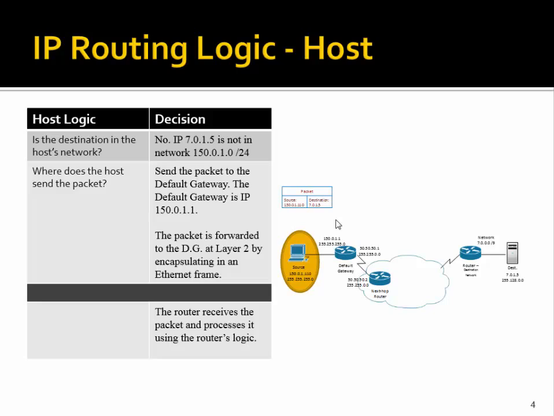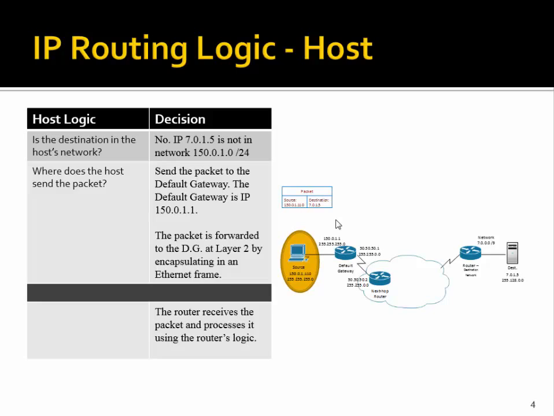so the host knows that the destination IP address is not within the range of IP addresses for the source's network. The only decision it has to make with that packet is to send the packet to the default gateway. It knows the default gateway's IP address because it is either statically configured or learned through DHCP.